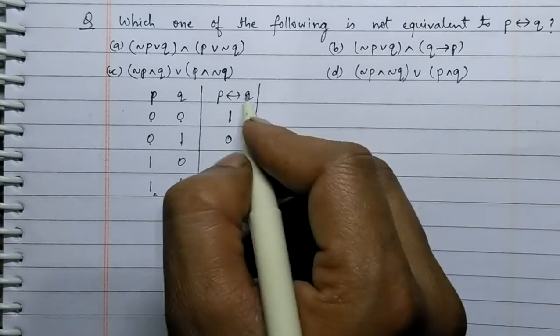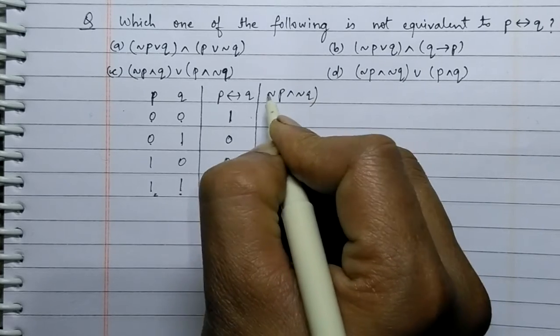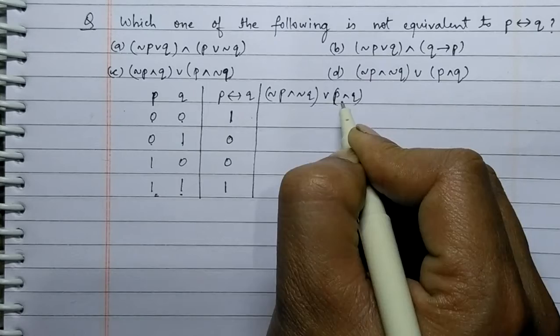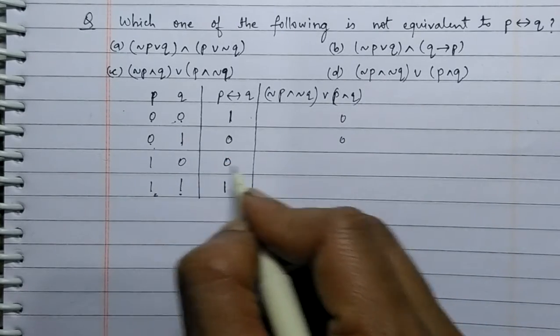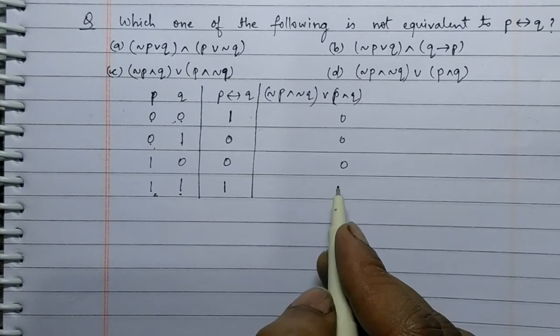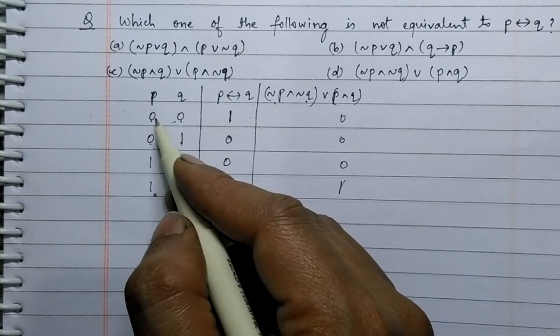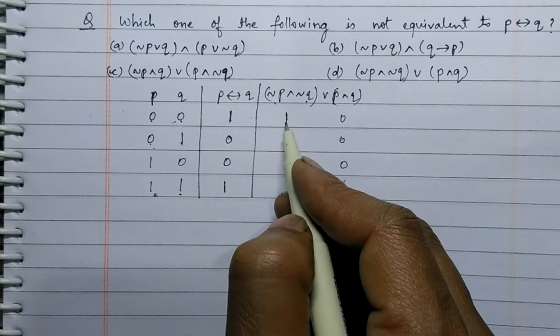Let's check option D. Not P and not Q, or P and Q. P and Q is 0, 0, 0, 1. Not P and not Q: not P becomes 1, not Q also becomes 1, result will be 1.